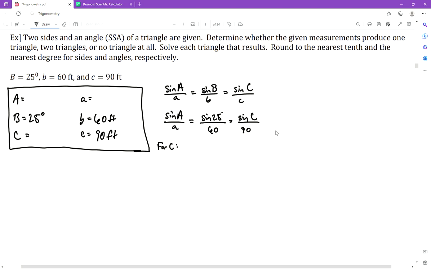So for angle C, we can do sine of 25 over 60 equals sine of C over 90. And then I'm going to multiply both sides by 90. So we'll have 90 sine of 25 degrees over 60 equals sine of C. Now, we'll need a calculator for this anyway, so I'm going to plug that in and get a decimal.